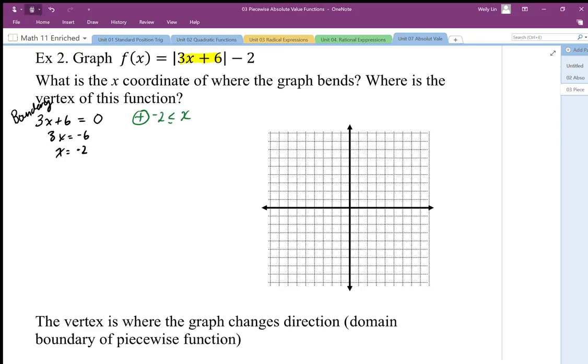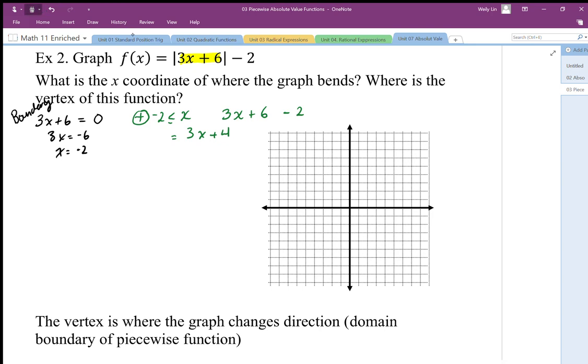When it's greater than -2, the effect of the absolute value is not going to change anything because this is going to be positive, so we're not going to change anything. So the equation is going to be 3x plus 6 minus 2. Okay, and I can combine those terms, and this becomes 3x plus 4.